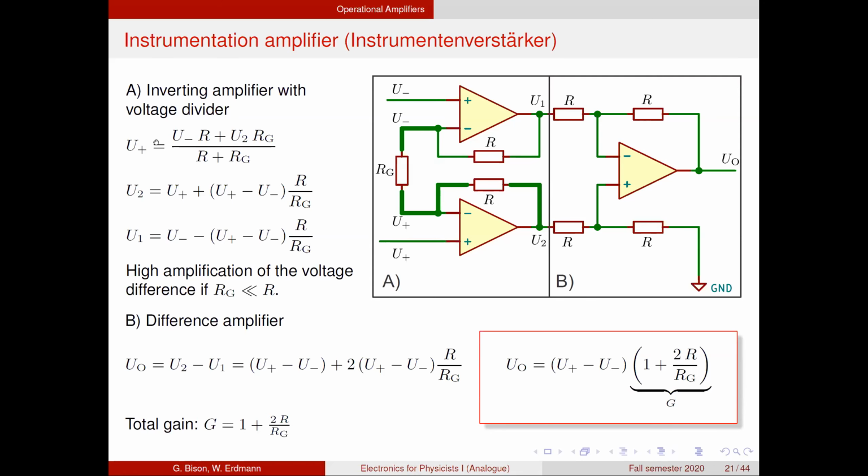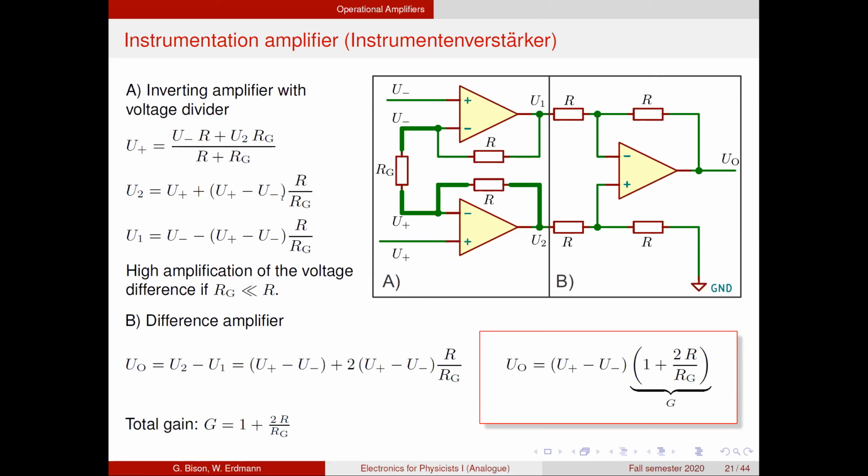The plus input voltage is equal to the corresponding voltage divider formula for the two resistances involved with the minus input voltage and voltage 2. Okay, and then it's simply arithmetic to solve that for voltage 2, and you see what we get is a copy of the plus input voltage, and then the difference between the two input voltages scaled with two resistors.